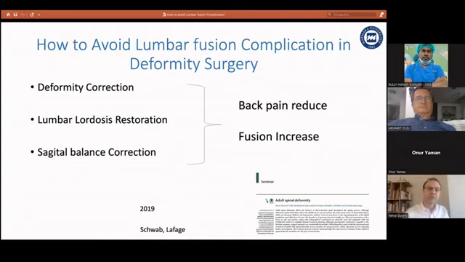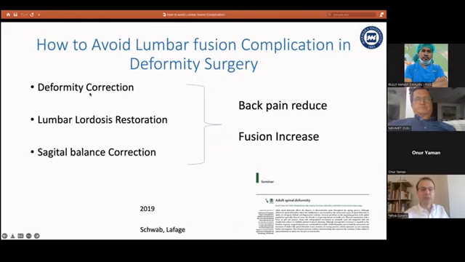How do we avoid lumbar fusion complications in deformity surgery? Because we have some high risk in deformity surgery. We use these fusion techniques, but in deformity surgery the risk is high, related to instrumentation and sometimes to technique. Because of that, there are some preventive techniques.